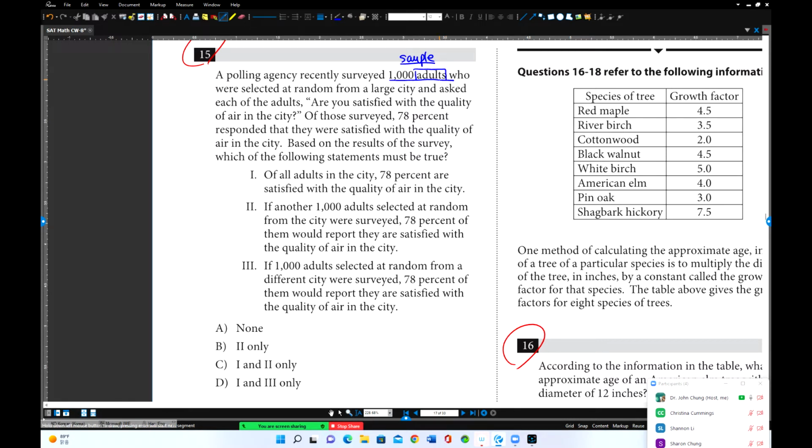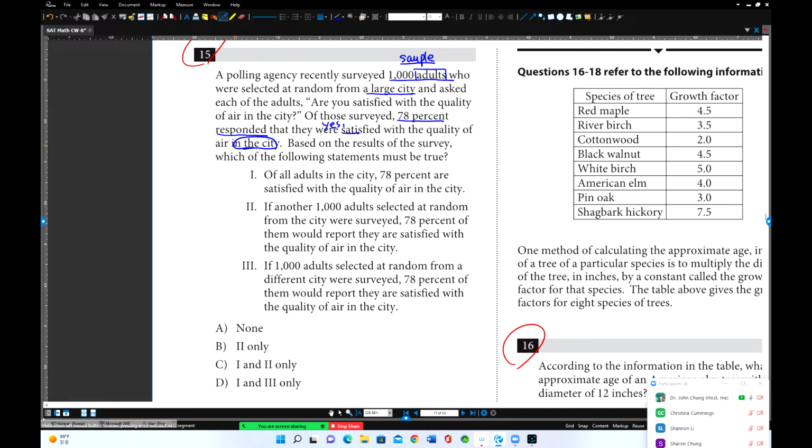The results should be about the adults who were selected at random from a large city, and asked each of the adults, are you satisfied with the quality of air in the city? Out of the survey, 78% responded. They are satisfied. They said yes, they like the air in the city.